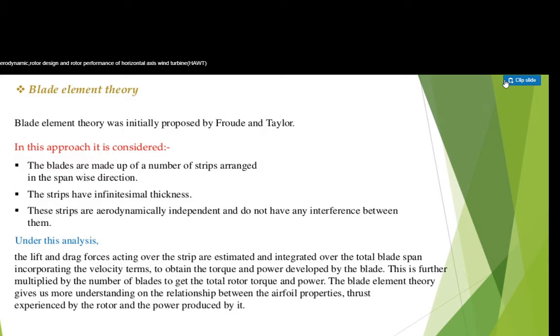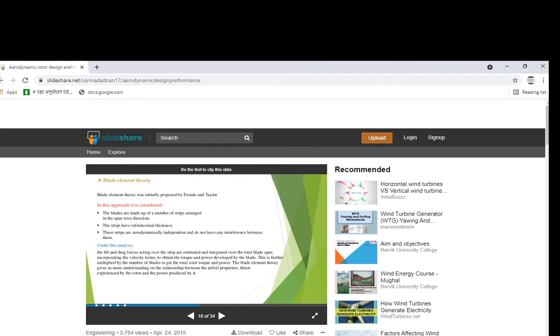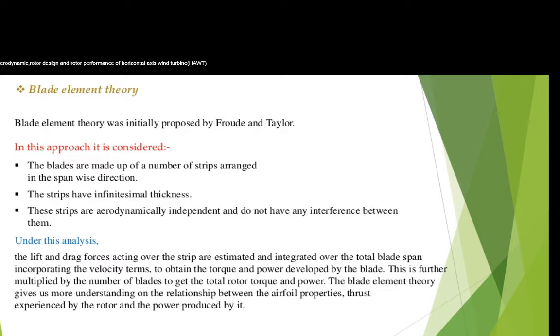Now come to the blade element theory. The blade element theory was initially proposed by Froude and Taylor. In this approach, it is considered that the blades are made up of a number of strips arranged in the span-wise direction. The strips have infinitesimal thickness. These strips are aerodynamically independent and do not have any interference between them.